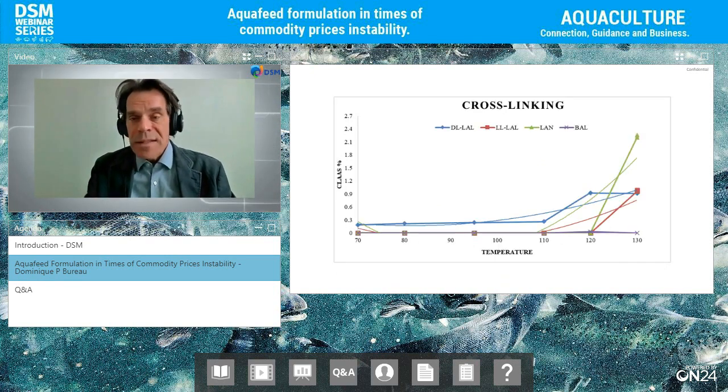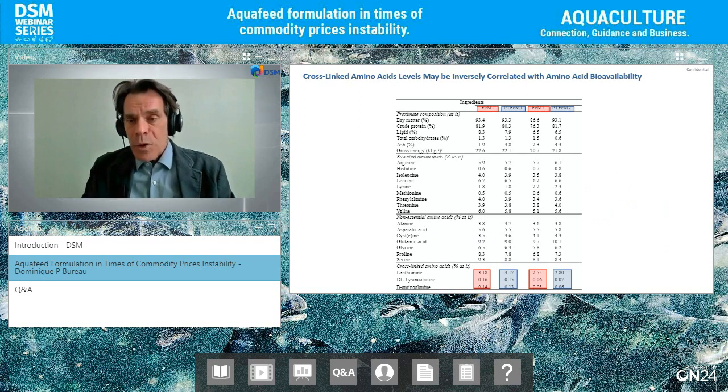So anything that is treated at high temperature has a high risk of creating cross-link amino acids and interfering with the bioavailability of amino acids. And what we found is that cross-link amino acids may be an interesting indicator of protein bioavailability or amino acid bioavailability.